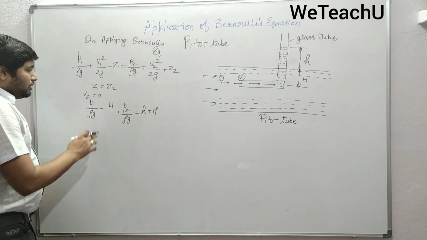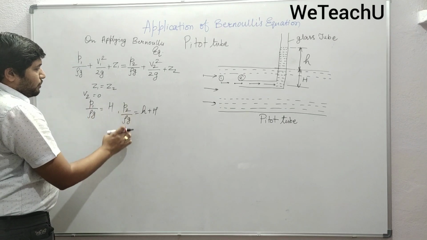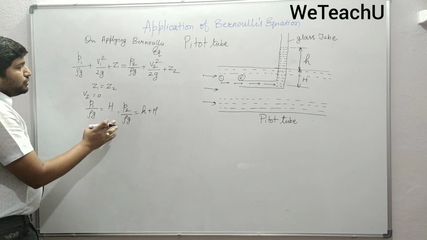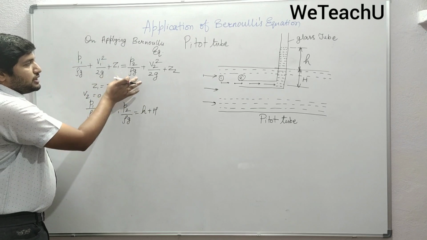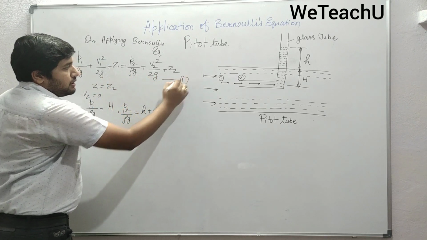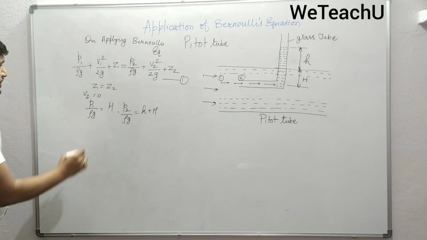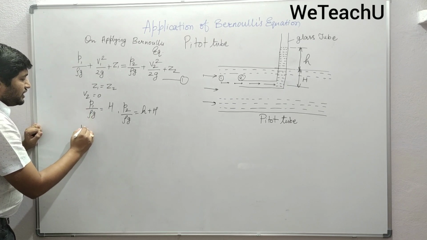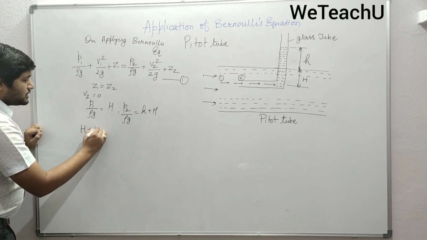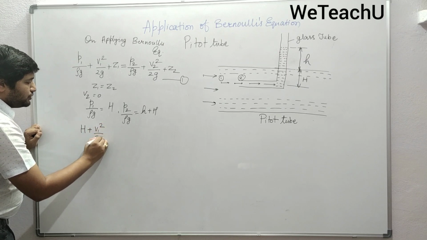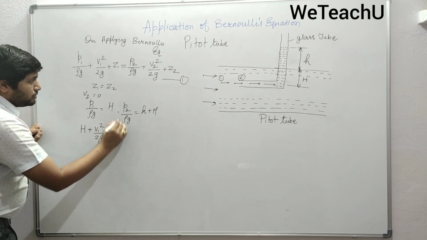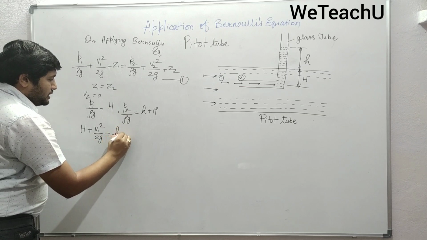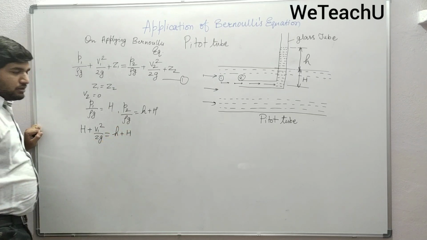Okay. Now P1 upon rho g, P2 upon rho g, V2, Z1, Z2, we put all these values in equation number 1. Now if we put in equation number 1, we have h plus V1 square upon 2g is equal to h plus H. Fine.